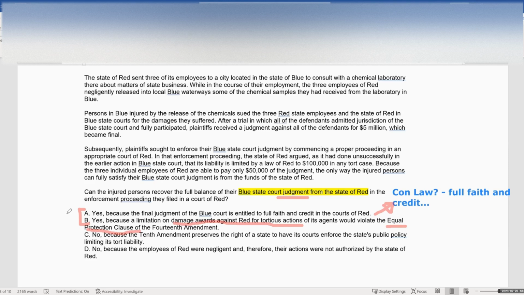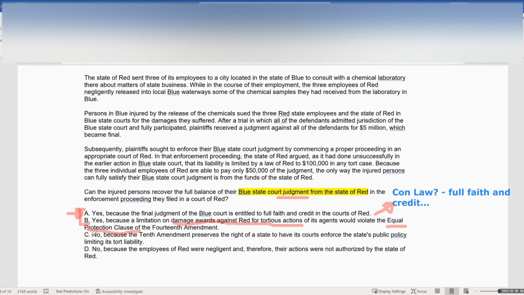So I would still be favoring answer choice A, especially since it really matches up with your full faith and credit thinking as you finish the call of the question.